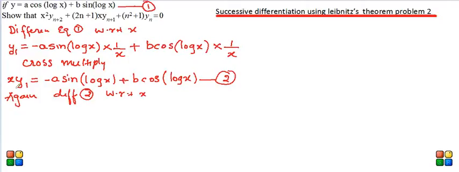with respect to x. To the left side we are applying the product rule. This is the first function and this is the second function.